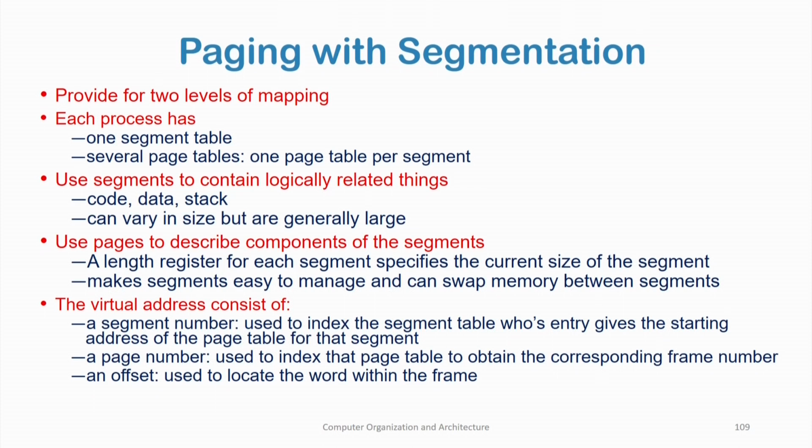Even though we have a length register which restricts the use, if the virtual address space is scattered, the length register has to be big, and within that length many of the virtual pages do not map to actual logical addresses used by the process.